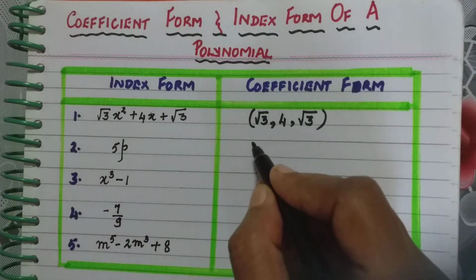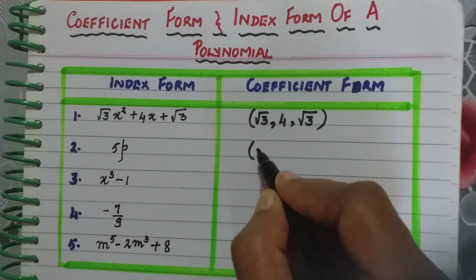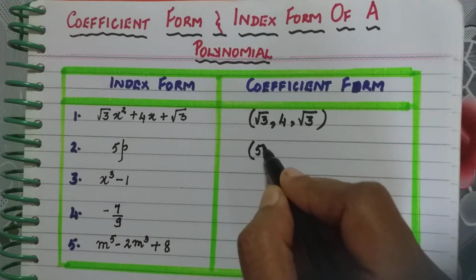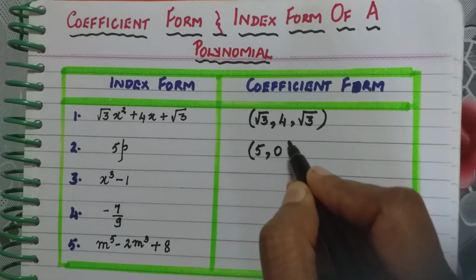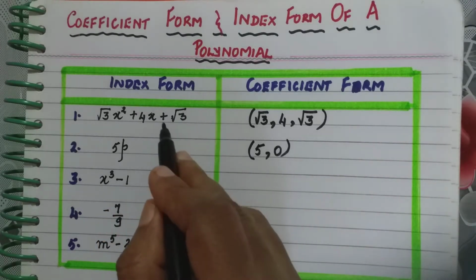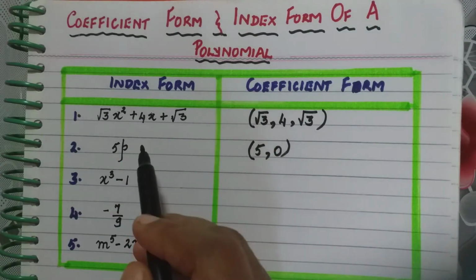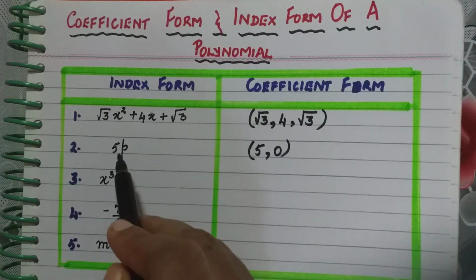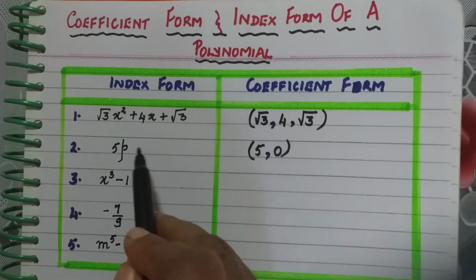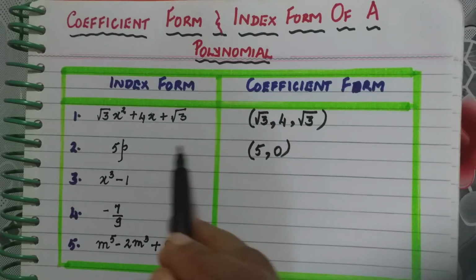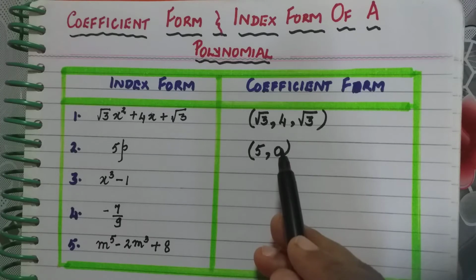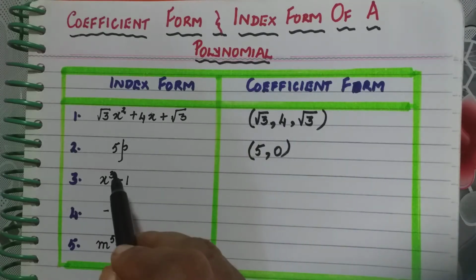So when I am writing the coefficient form, I will write 5, comma 0, because here there is no constant. Therefore, it is only 5 and the constant number is not there. So we write 0.